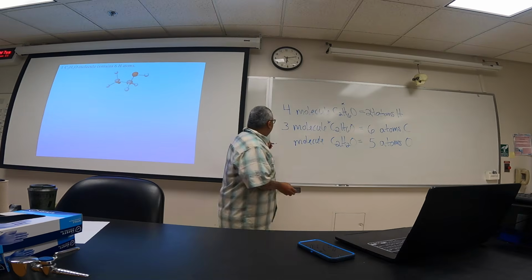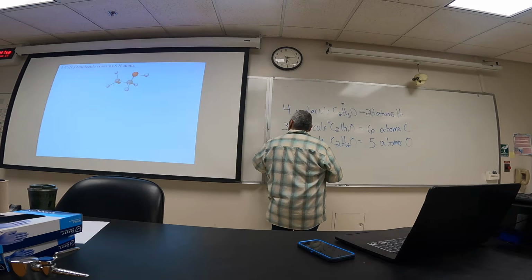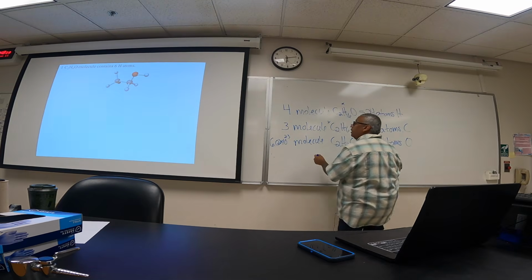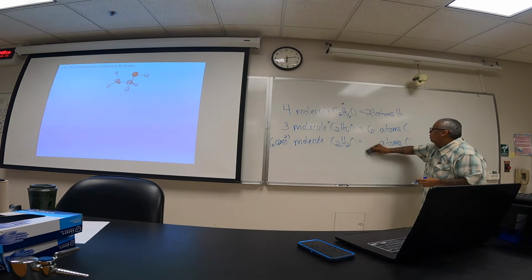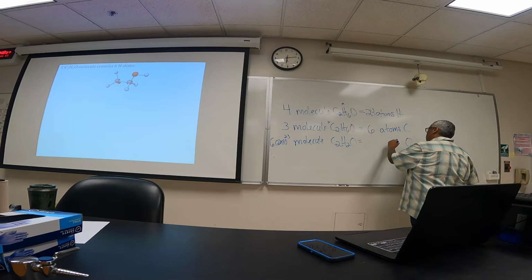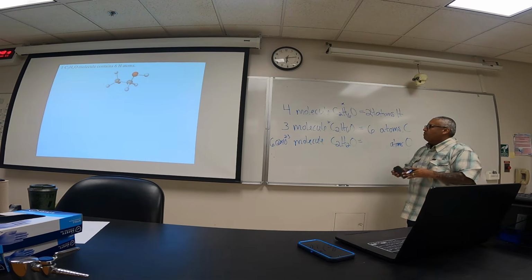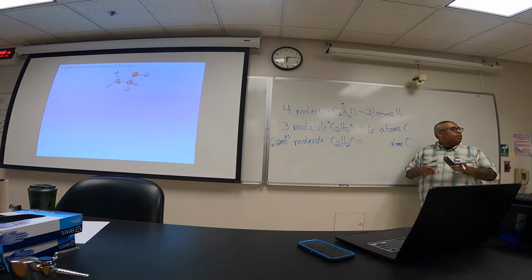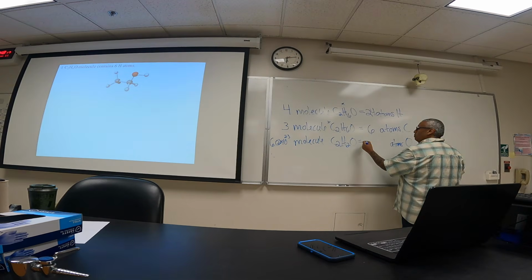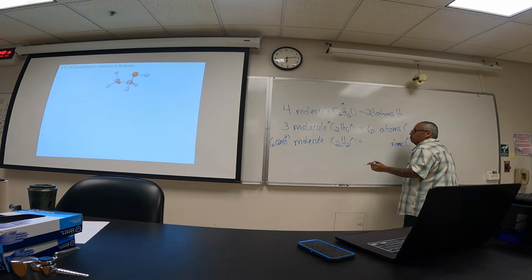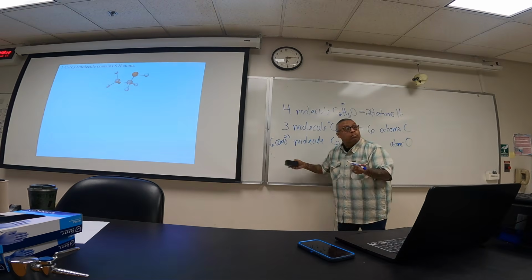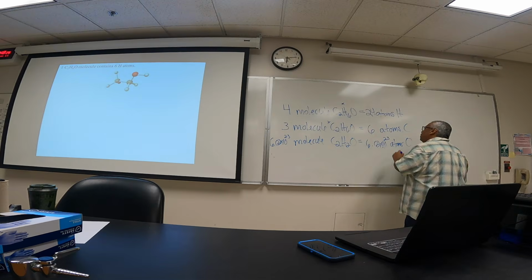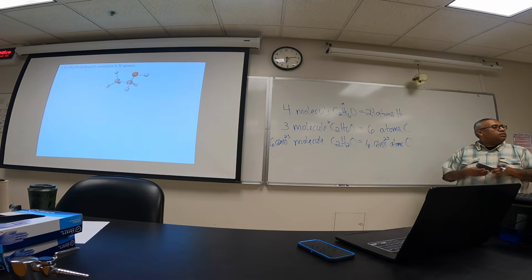If I have 6.02 times 10 to the 23 molecules of ethanol, how many atoms of oxygen do I have? Yeah, I have 6.02 times 10 to the 23 atoms of oxygen.